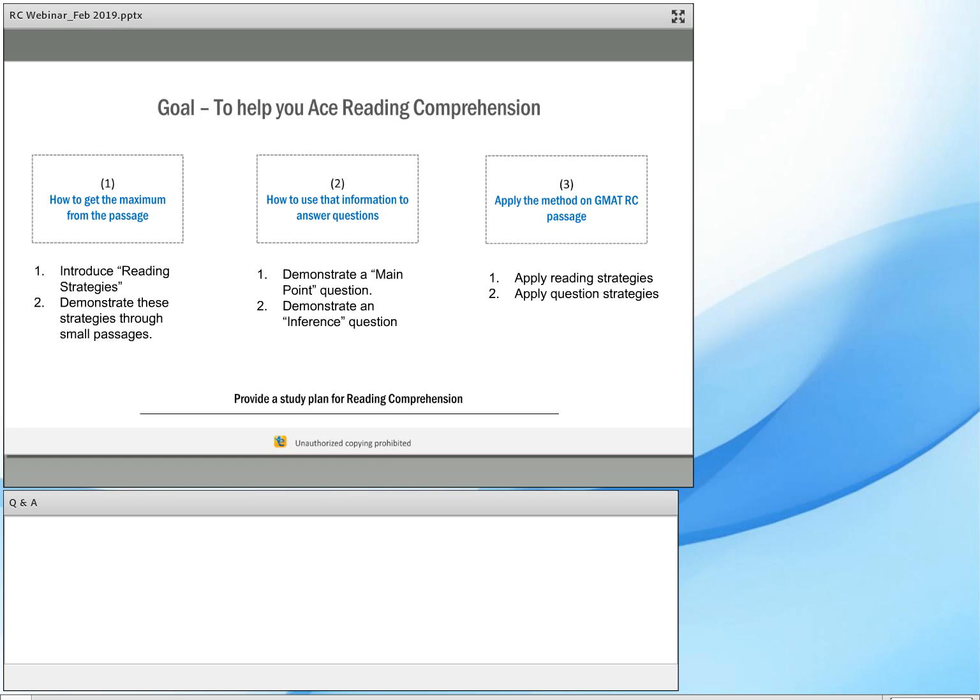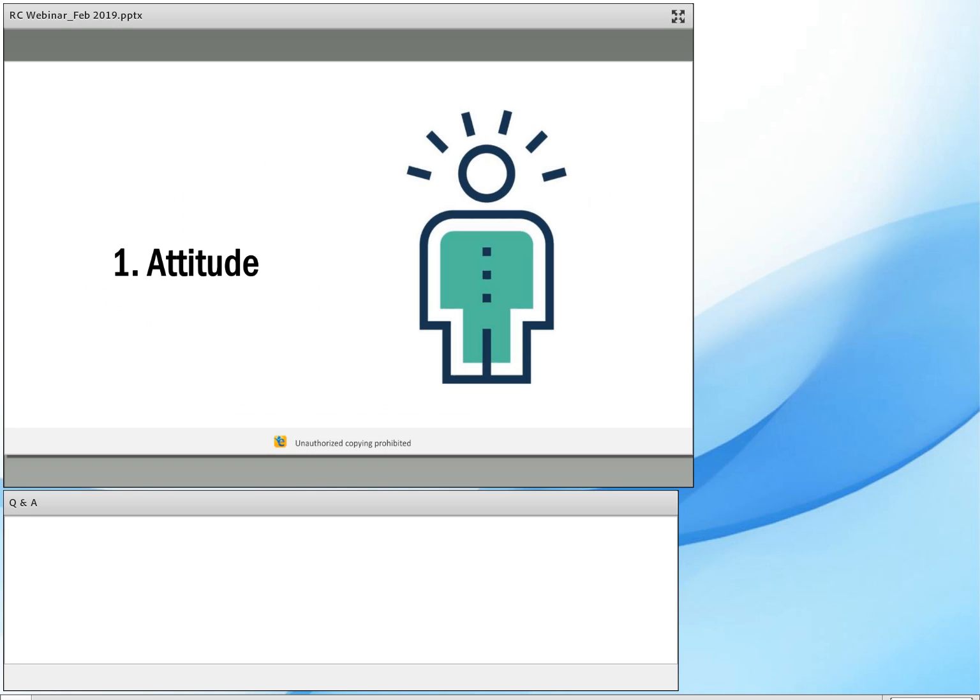Now, everything that we do in this session is going to be difficult. Why? Because if you can apply the same strategies to difficult passages, by induction you can apply them to easy ones as well. So that's what our approach is going to be.